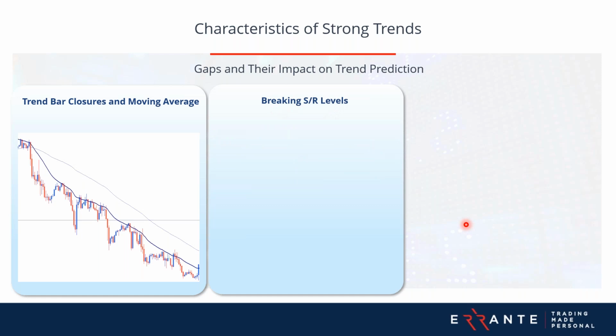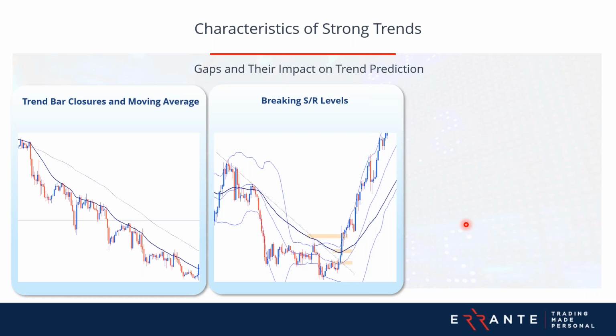And next, we have breaking resistance levels or support levels. The ability of a trend to break through multiple known resistance or support levels, be they moving averages, prior swing highs, or another indicator like Bollinger Bands or trend lines, and you name it, is a testament to its strength.